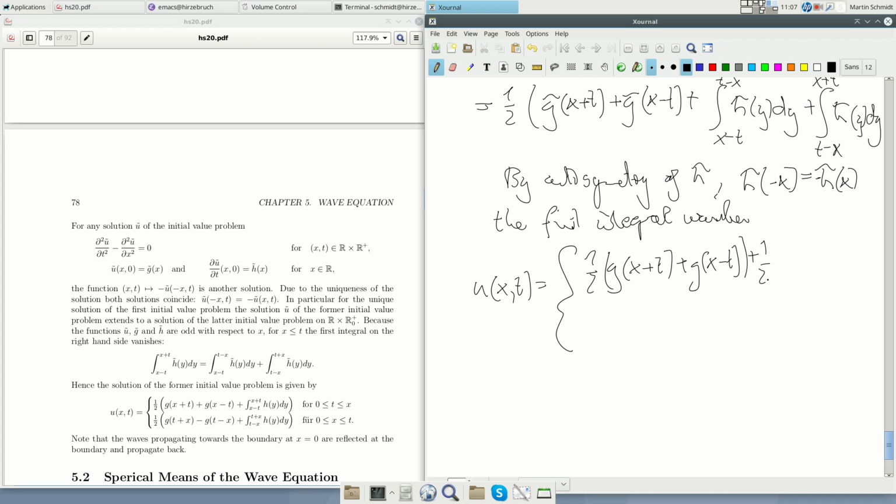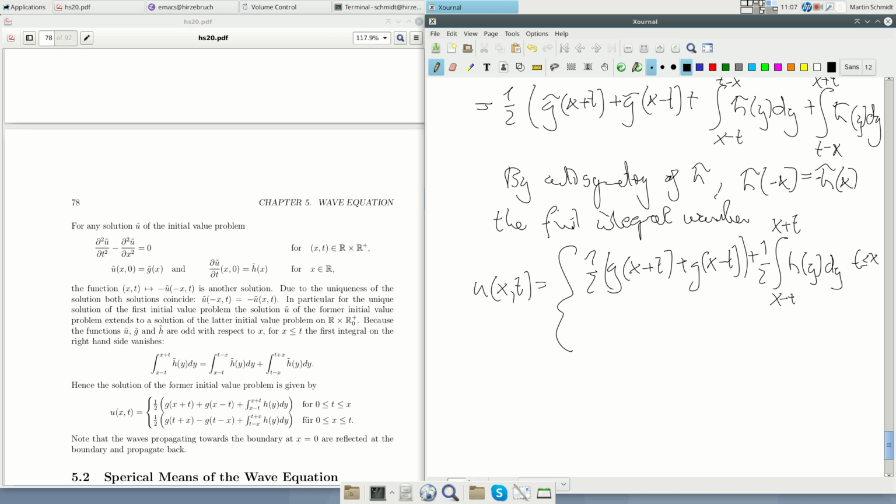Plus 1/2 integral, and now we just rewrite as before, from x minus t to x plus t of h of y dy, because these are both positive numbers. This is for x larger or equal to t.